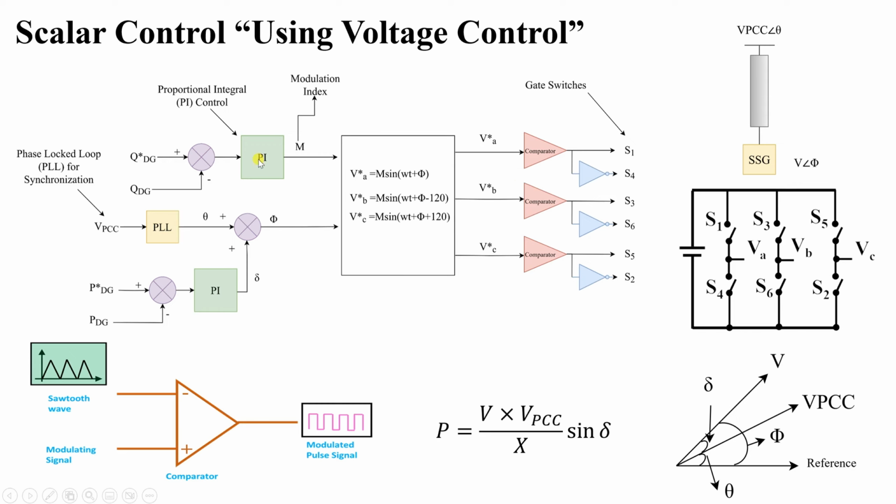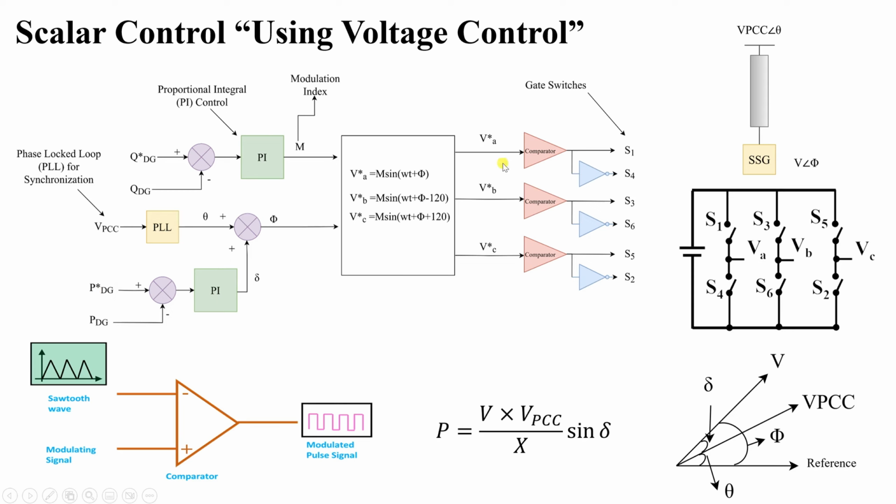So by doing this, we can control magnitude. For the angle, a higher delta means more power given from the generator to the grid. The angle itself is the summation of theta, which is obtained from the phase locked loop that we will discuss later, plus delta, which is obtained from this PI controller, dependent on the difference between these powers.